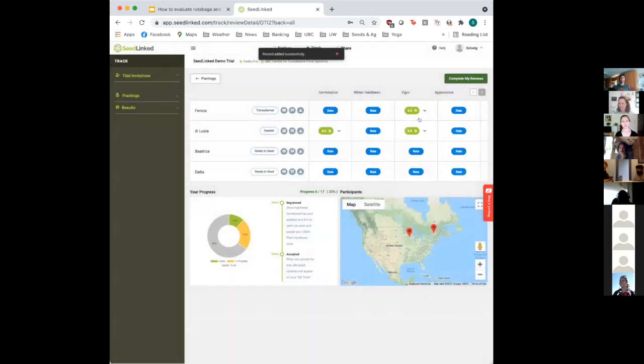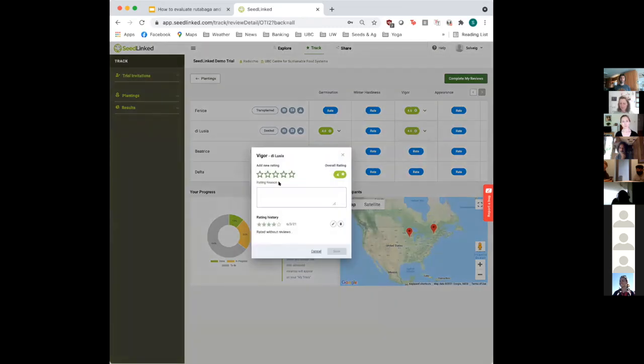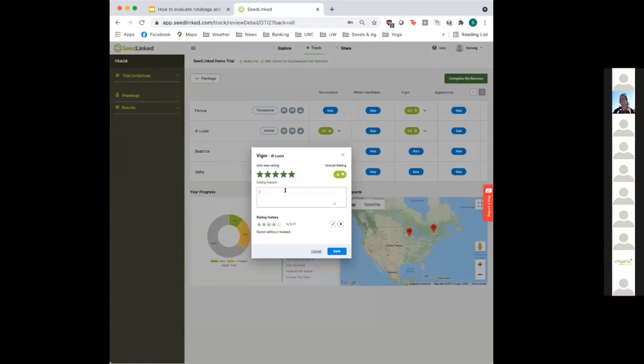We're only asking you to evaluate every trait once per season. If you want to, though, like say you come back after another month and Delucia is clearly the most vigorous variety in the plot, and you want to communicate that, you are able to enter a new rating. So you can enter a 5. If you do that, it's really helpful if you write us a note.